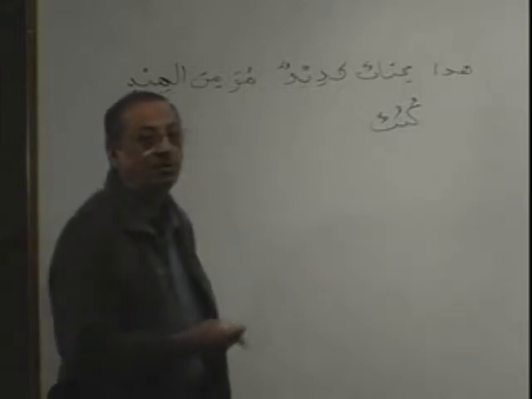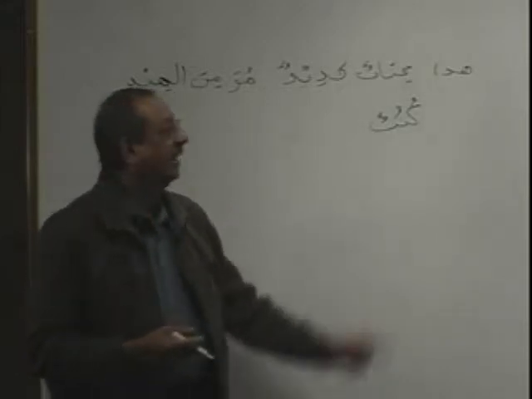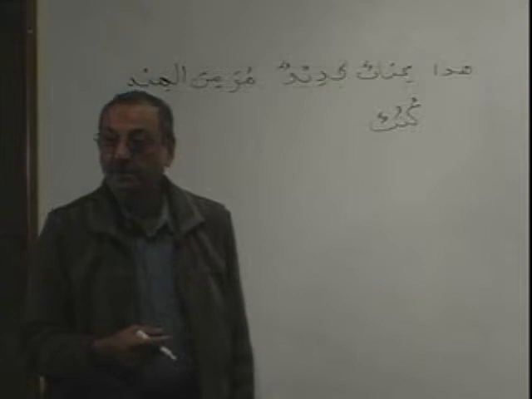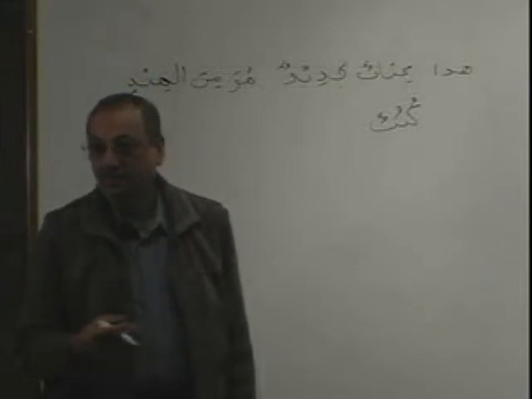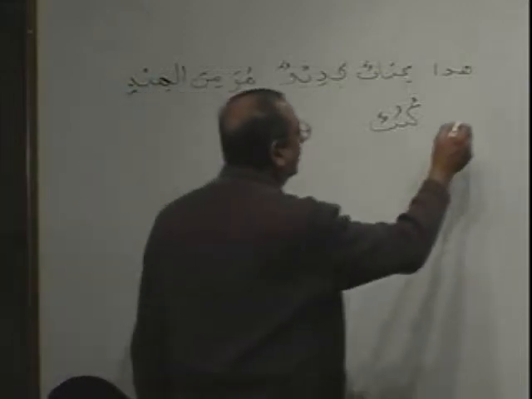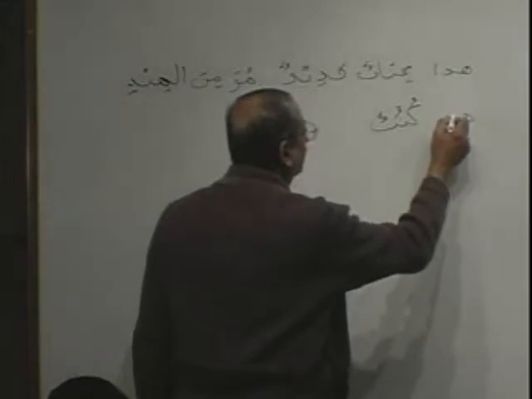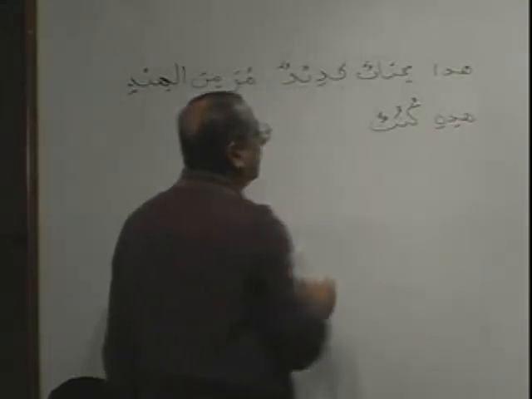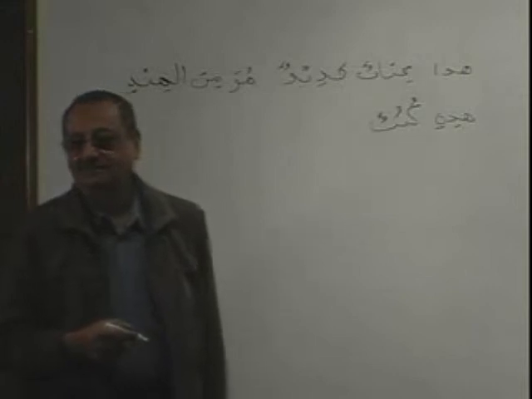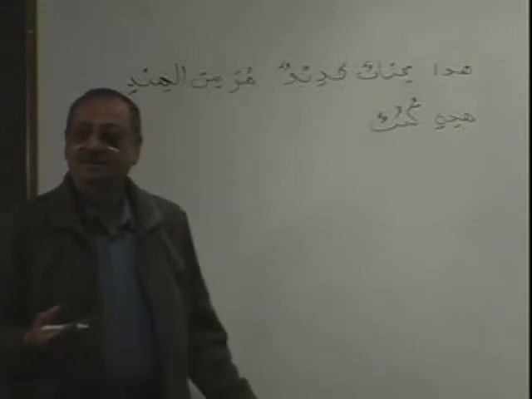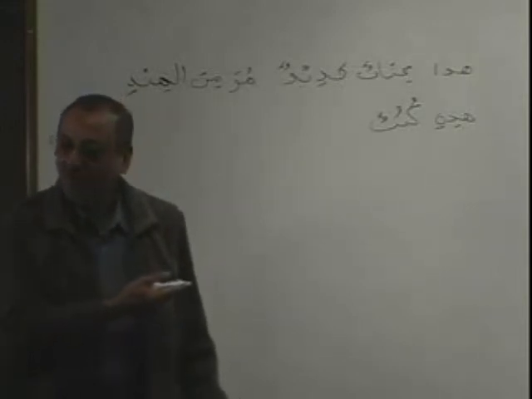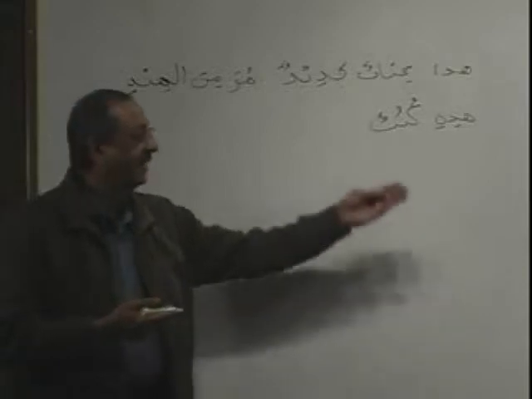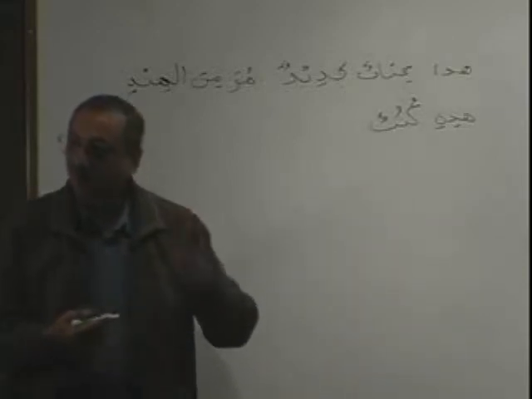Now, as we know, we use for jama Haza, Haulai, or Ulaika, things like that. But I am writing here Hadhihi. What happened? I am writing plural and then writing Hadhihi, which is for a singular.